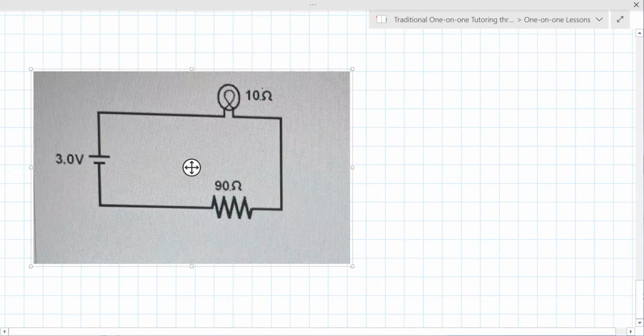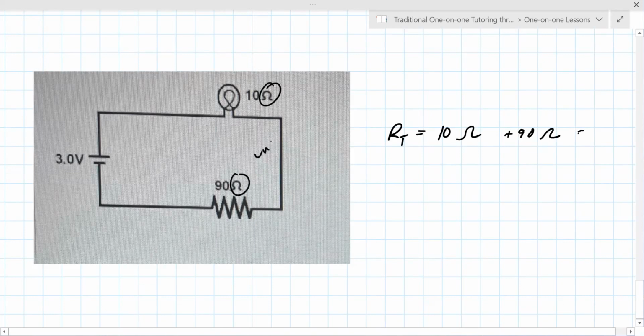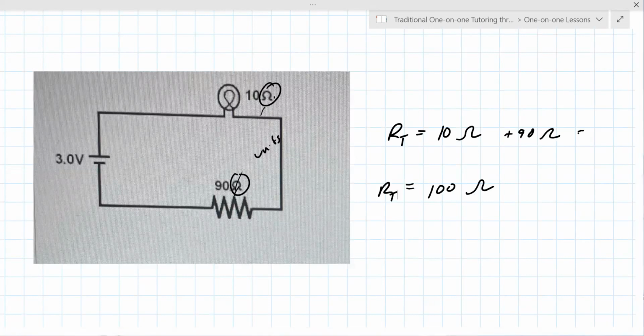It's just the one loop. So for the total resistance, you just add up the 2 resistors, the 10 ohm and the 90 ohm. Sometimes you can just look at the units and say, oh yeah, they're both resistors. So I'll just add them up, 100 ohms. There's some extra information there.